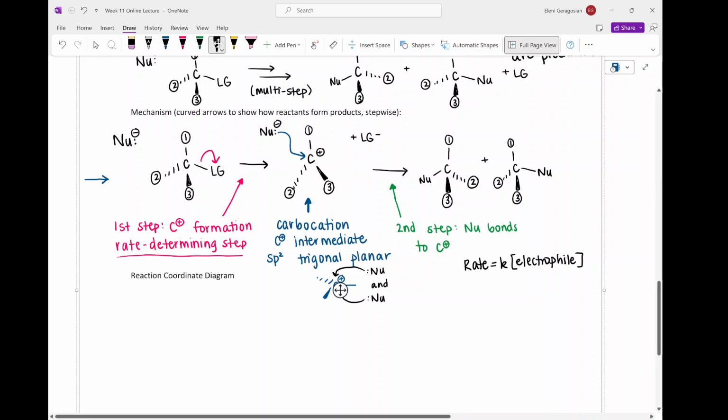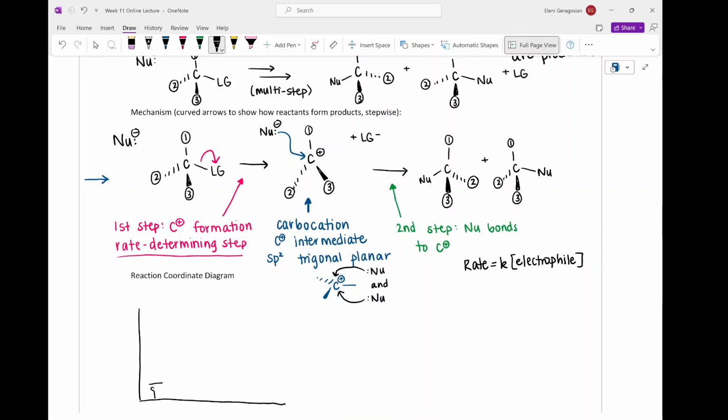So we're just going to say that the starting material and product are equal energy here. You would be told if it's overall exothermic or endothermic. But for this example, let's just keep them equal energy because we don't have real molecules in this example.